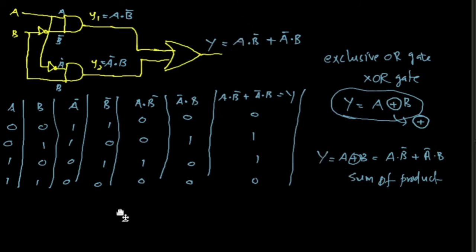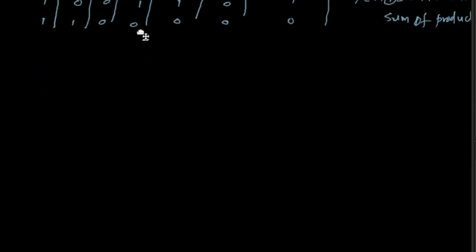Now if we consider another circuit, which is a combination of OR gate and a NOT gate, which is of great importance here. If you consider an OR gate with, suppose, inputs A and B, then the output will be A or B. This is given to a NOT gate.